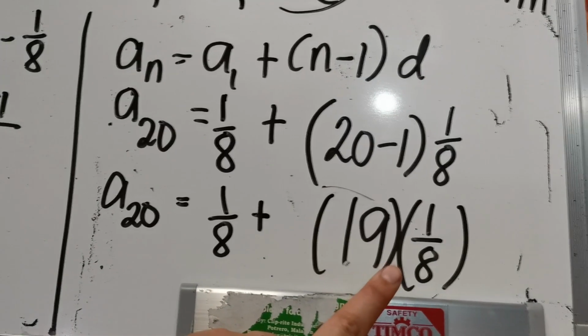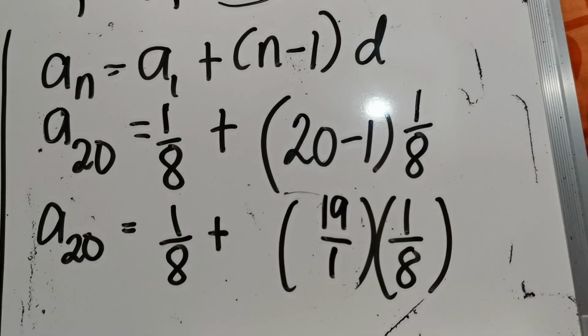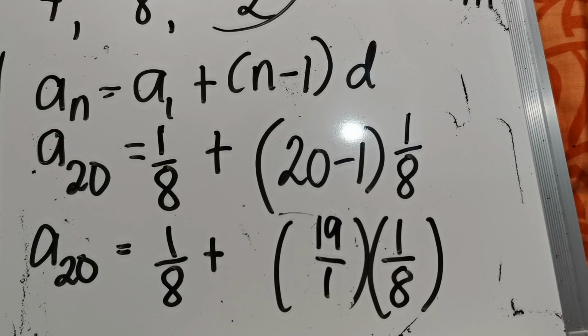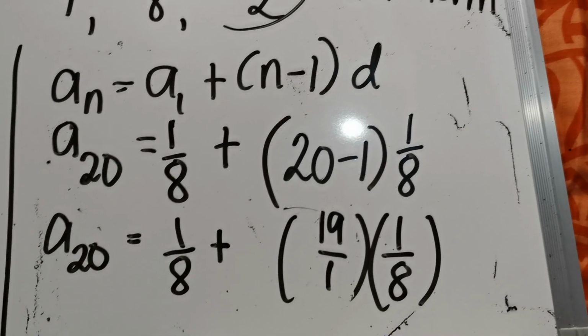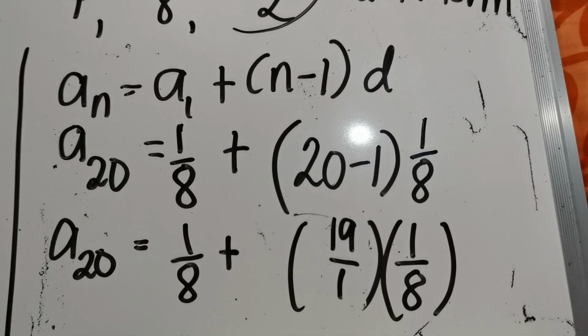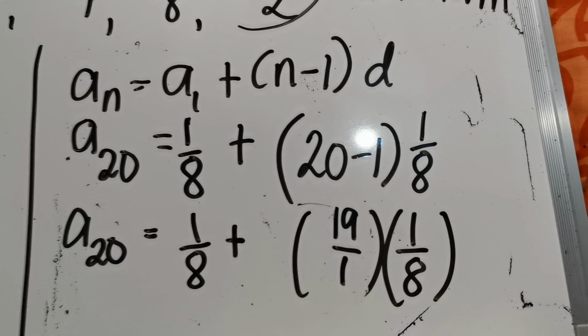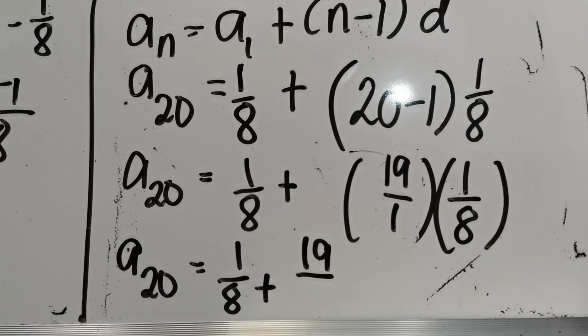Understood na ang denominator lagi ng whole number natin will always be 1. So, 19 over 1 times the quantity of 1 over 8. And then, sa rule natin ng fraction, when it comes to multiplication, numerator sa numerator, denominator sa denominator. So, 19 times 1 is 19. And then, 1 times 8 is 8.